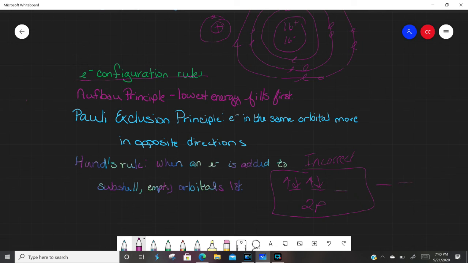Instead of doing like so, you have to fill each orbital with 1 before you add a partner. So this is the correct way to write that one.